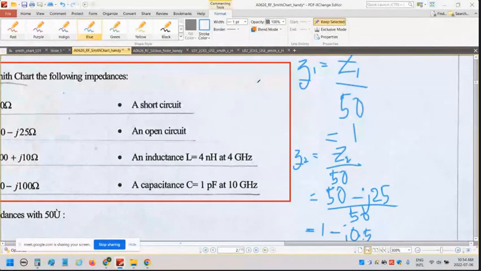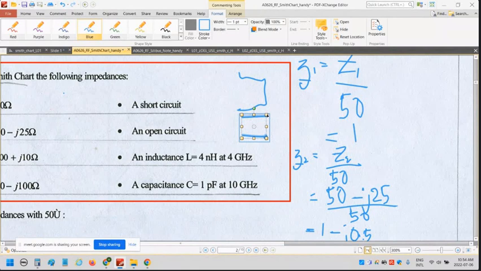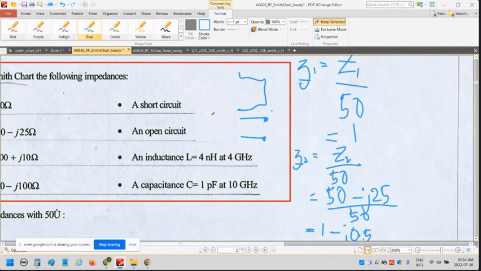The short circuit is very simple. You just have a wire. This one is a short circuit. Open circuit, you open, they are not connected, so this one is an open circuit. And for the short circuit, what is the value for Z? 0.